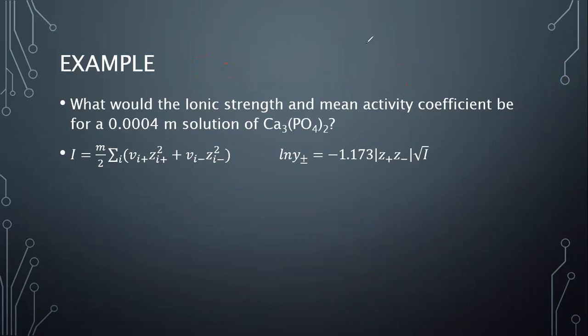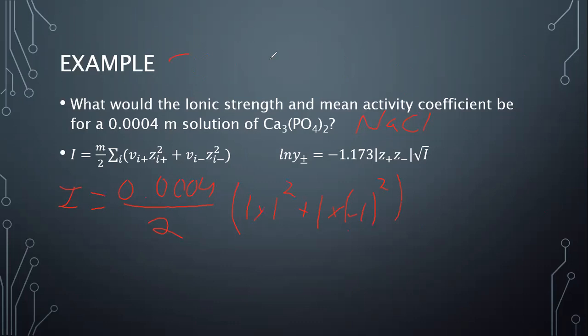Let's clear this. Let's consider the same solution, but hypothetically, what if it was just NaCl? How would that change things? Well, let's look at our I. Our I would still be molal, 0.0004, divided by 2. But now the coefficient 1 times 1 squared is 1, plus 1 times negative 1 squared, also 1.